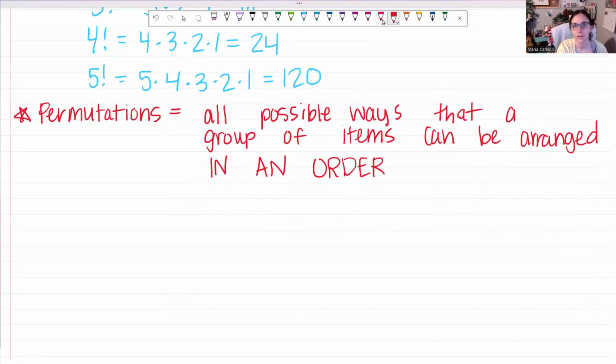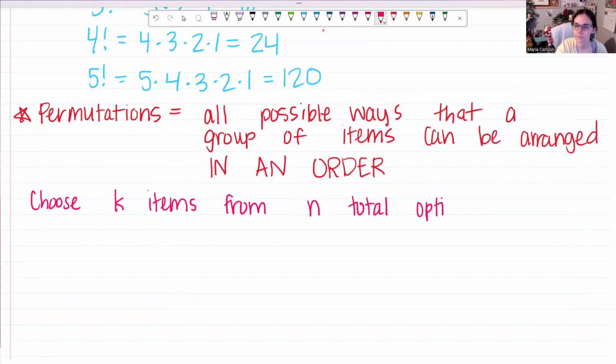So the notation for this, if we are going to choose k items, or sometimes this is r items, out of n total options in an order, we write this as n subscript, then a capital P, and then the lowercase k.